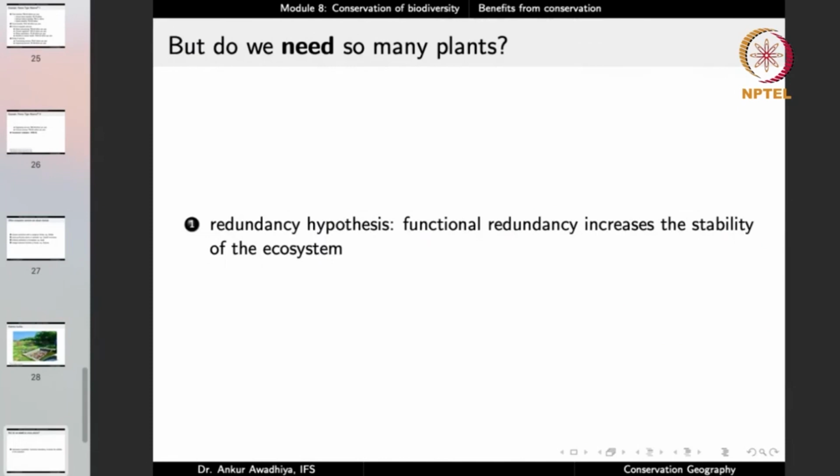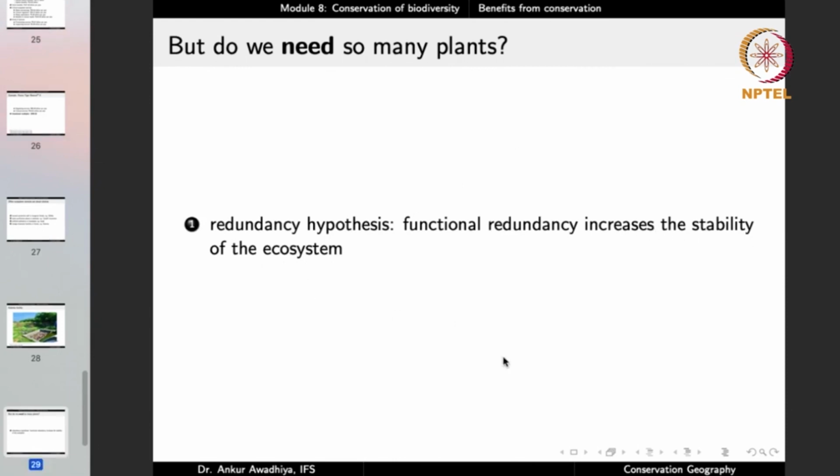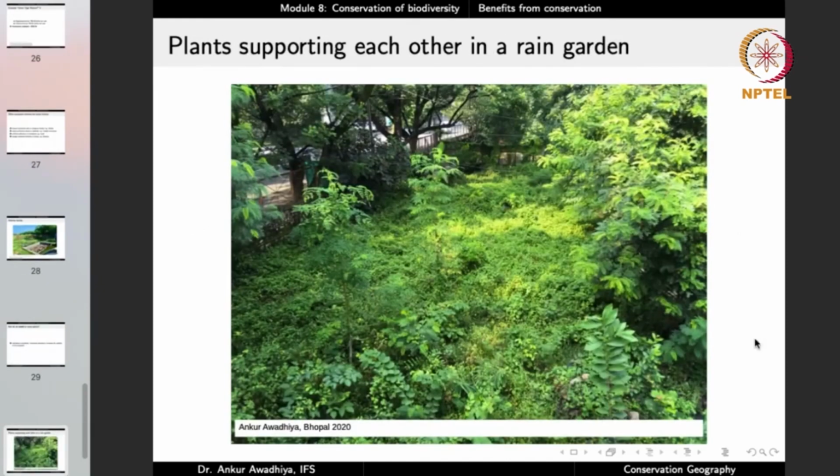One is the redundancy hypothesis. The functional redundancy increases the stability of the ecosystem. One mechanism by which this happens is because the plants support each other. So in a forest, there will be leguminous plants that enrich the soil, there will be big sized trees that will support the shade loving plants, there will be tall plants that will be supporting climbers, and so on.